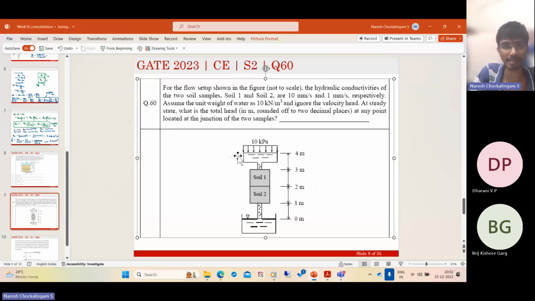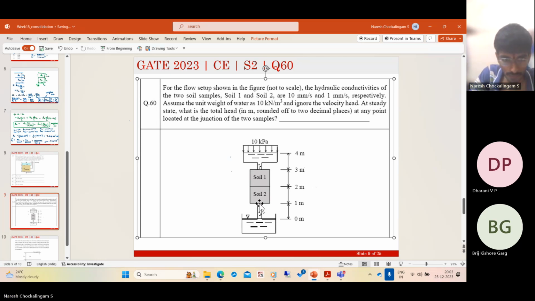So there's a numerical answer type, and this also involves some flow. So here the flow is downwards, and at steady state, we are asked to find the total head at any point located at the junction between the two samples.